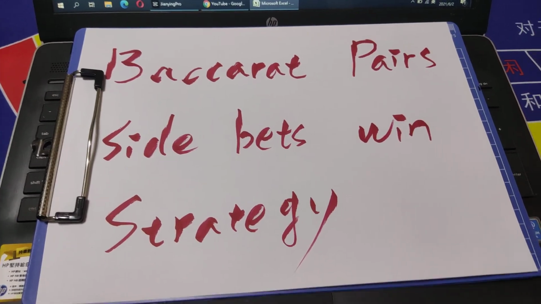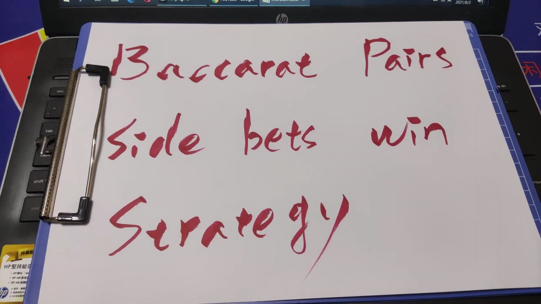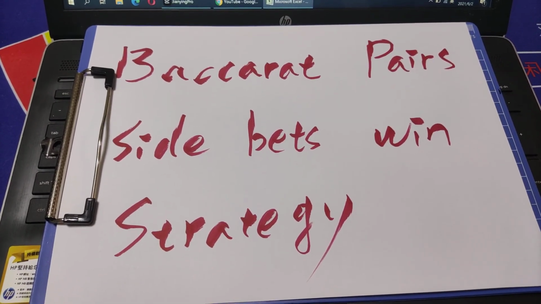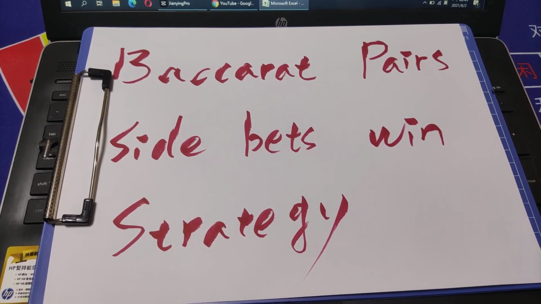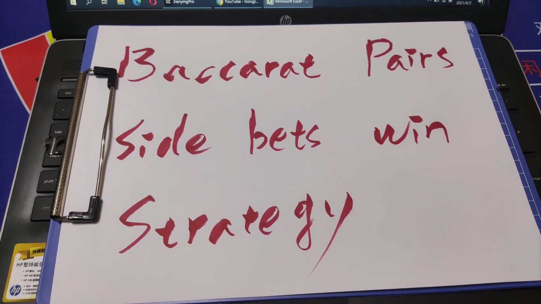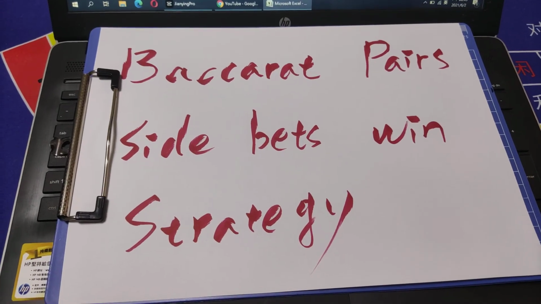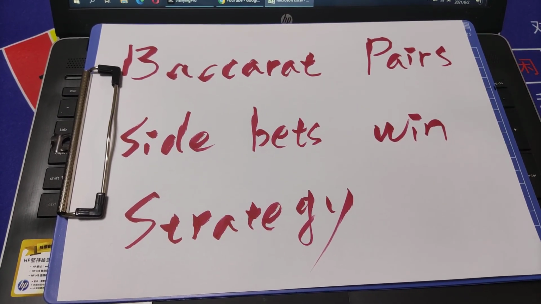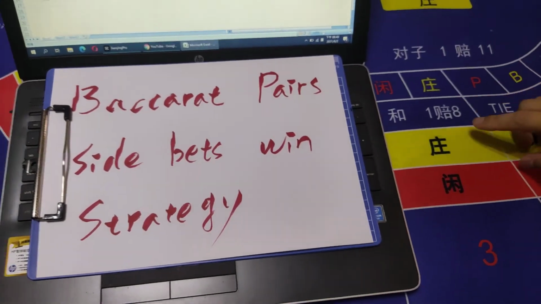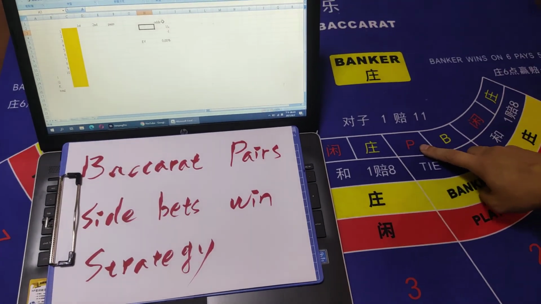I'm Cool Tales. Today we're going to show you how to calculate Baccarat pairs. First of all, the pair in Baccarat is something we can bet on.